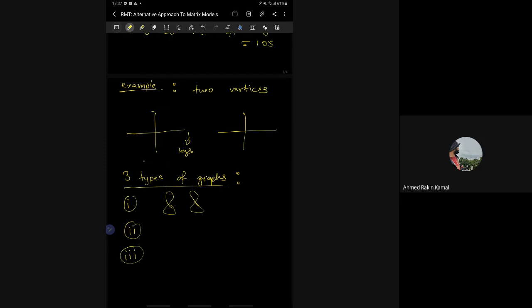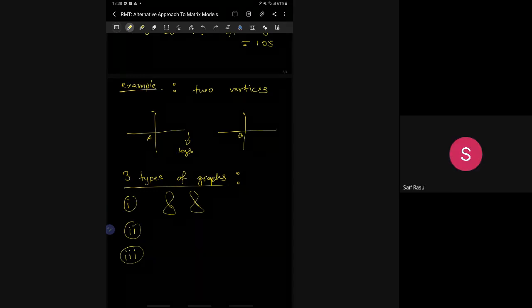Let's label the vertices for your ease. Let's say this vertex is A, this is B. So A can connect with one of the legs of A, and B can also connect with one of the legs of B. Also, A can connect with one of the legs of B as well. These are the things we are allowing A and B to do, or the graphs to do.